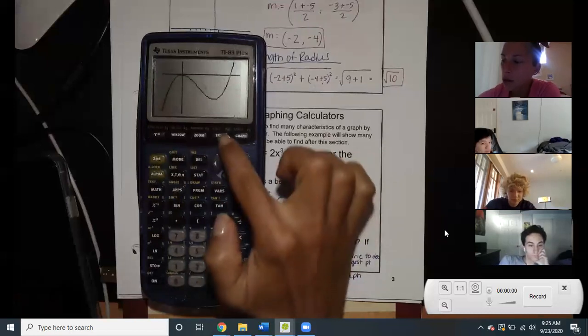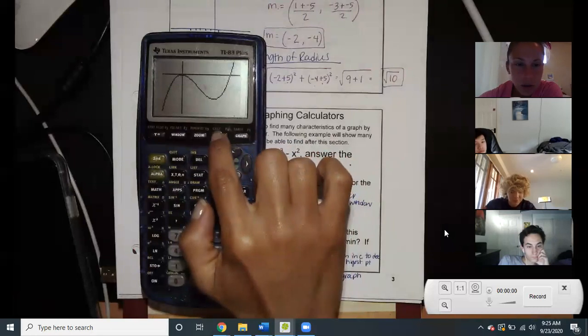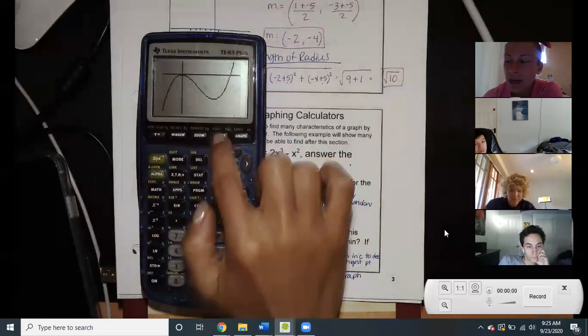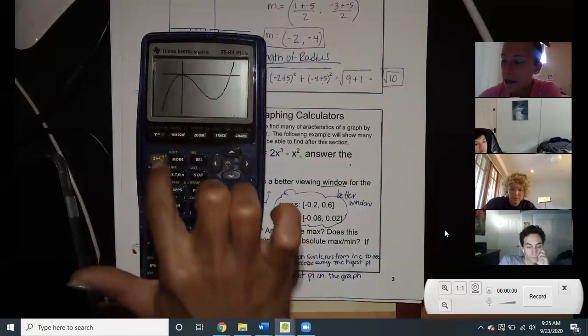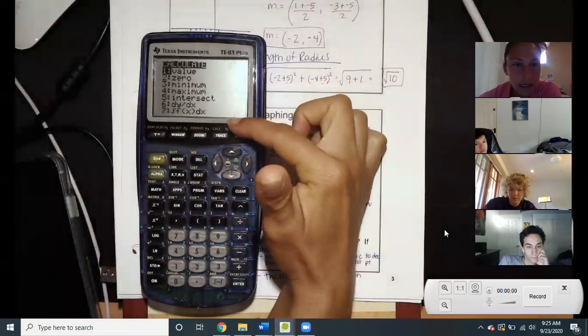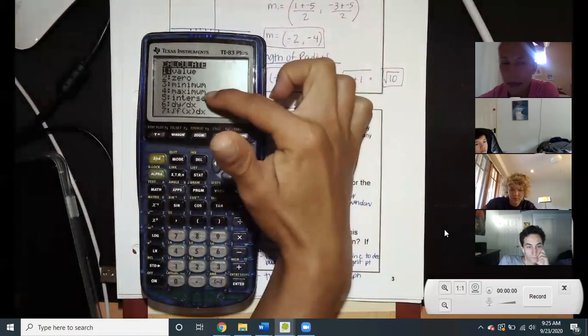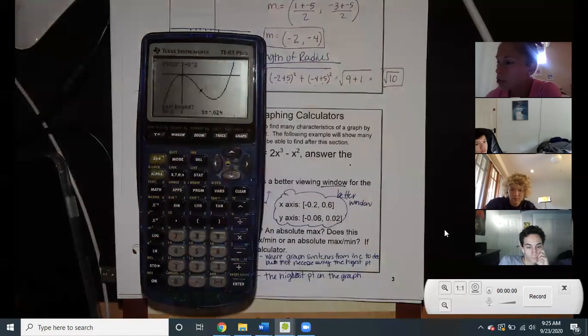So I'm going to look right here. If you look at the trace button, over it, it has this little calc. So you can calculate a lot of different things about the function with that feature. I'm going to hit second trace, and then it brings up a list of a lot of different things the calculator can calculate. So I'm going to calculate a maximum value, the fourth option.